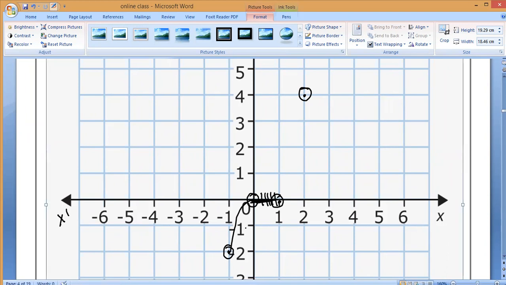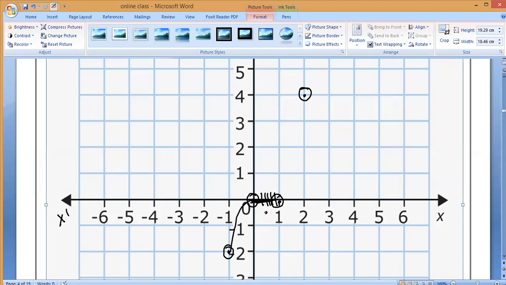Correct? So in between, we take 1 point, for 0 to 1. The midpoint is 0.5 or 1 by 2.